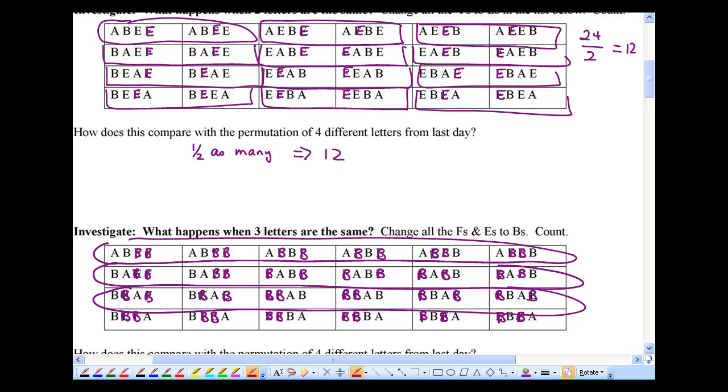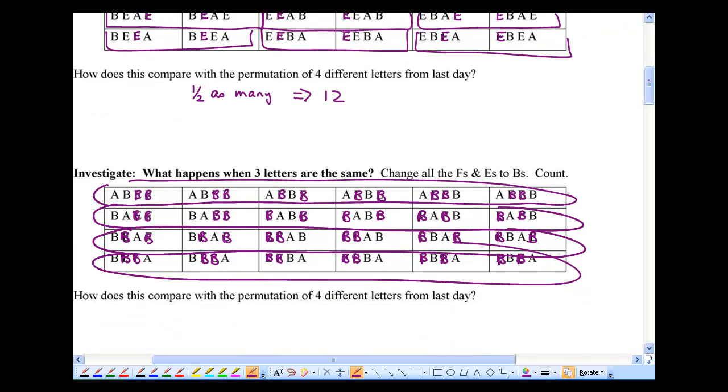These are all the same. These are all the same. So now looks like there's only 1/6 as many. And that leads to only 4 different ways.